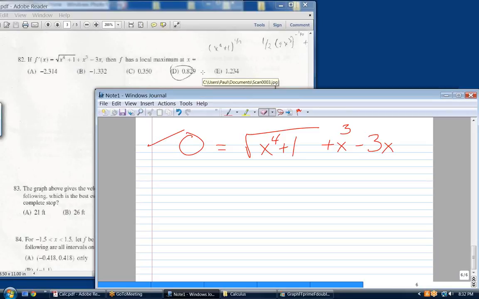If you didn't know how to solve this on your calculator, then you could back solve it. You could try each of these answers for x and see if it's equal to 0. Not that that would be terrifically easy to do, but we certainly could test whether that's the correct answer or not. Just plug it in for x and see if we get 0.